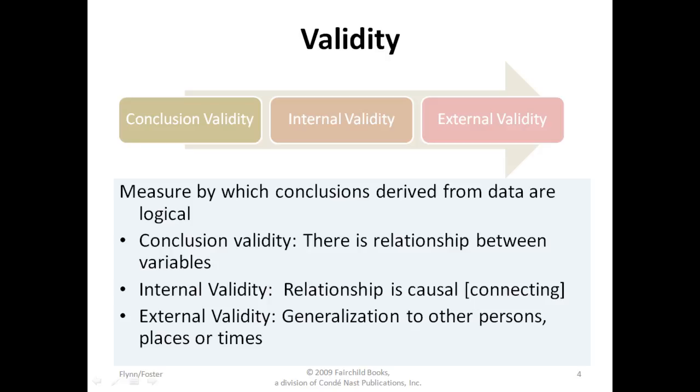Next is external validity. And an example of this is saying a handheld POS system works great at a big department store, so they will work well at any retailer. So then you're generalizing it to other places or people.